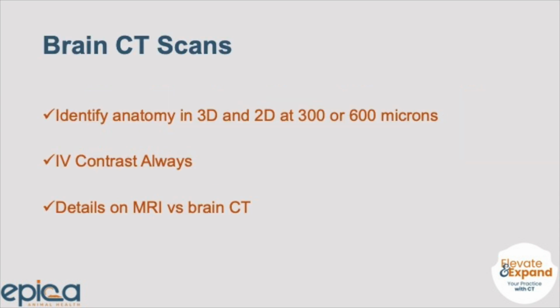When we scan brains with HDVI CT, we can identify anatomy in 3D and 2D at 300 or 600 microns. We're always going to be using IV contrast. And then, of course, there are just certain brain masses in animal imaging that cannot be seen by CT, and MRI must be utilized to see those brain masses.